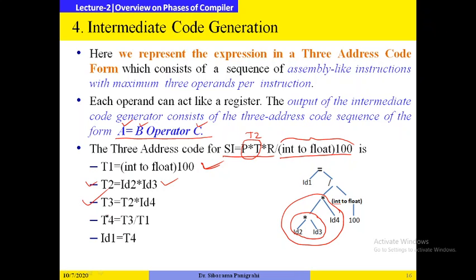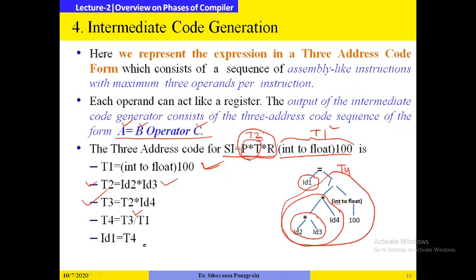So T4 equal to T3 by T1. Next, ID1 equal to T4. So ID1 will store the resultant value of the right hand side of the tree.